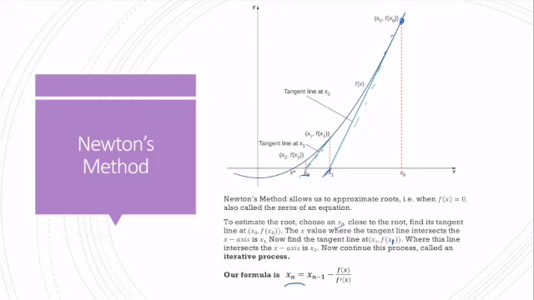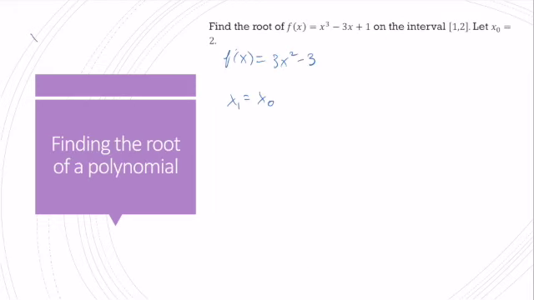So x sub 1 is going to equal x naught, because of our formula, x naught minus f of x naught over f prime of x naught.